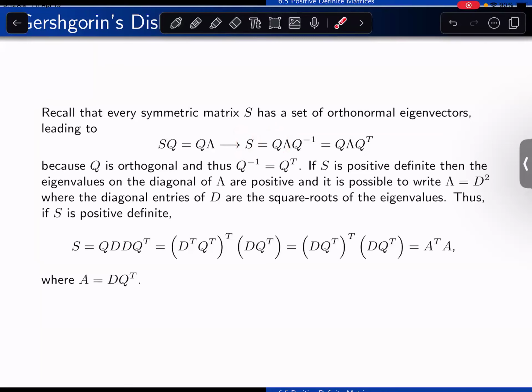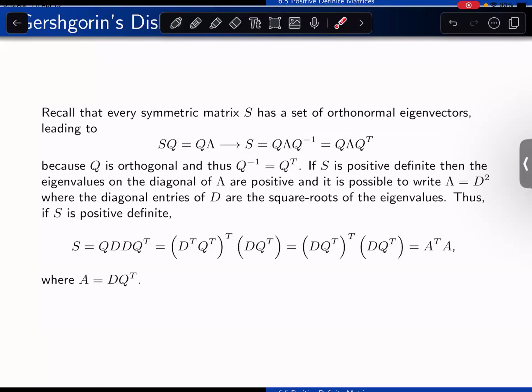So you compute the eigenvectors corresponding to S, those make up the columns of Q, and then you normalize those vectors, and that will give you what Q ends up being equal to. Because Q is an orthogonal matrix, the transpose of Q is equal to Q inverse. That's going to make computations a lot easier.